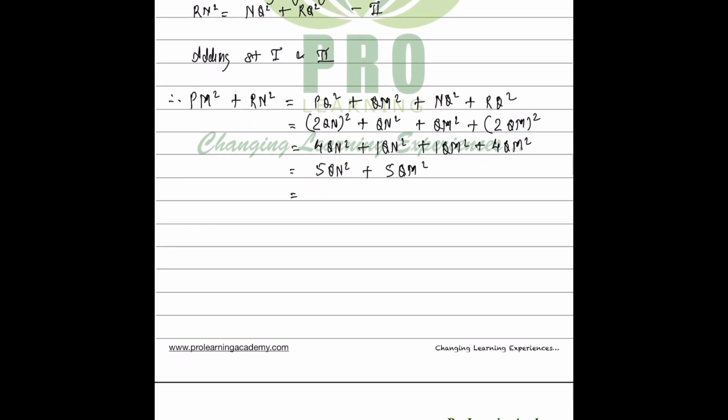If we do the factorization, we get 5 out, QN square plus QM square.